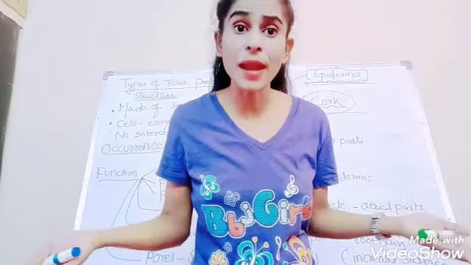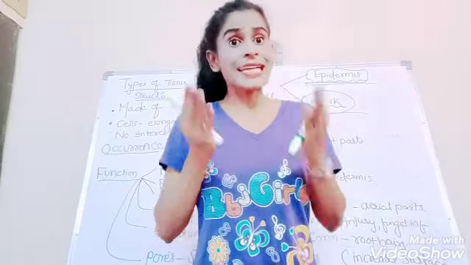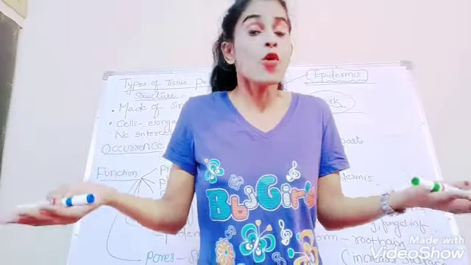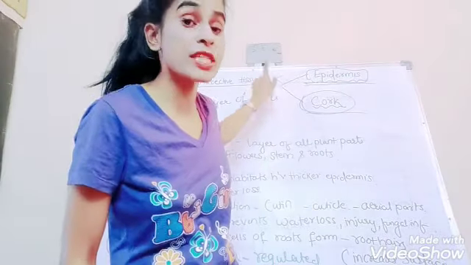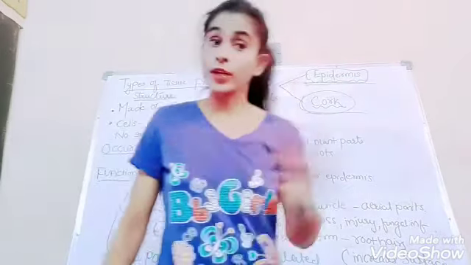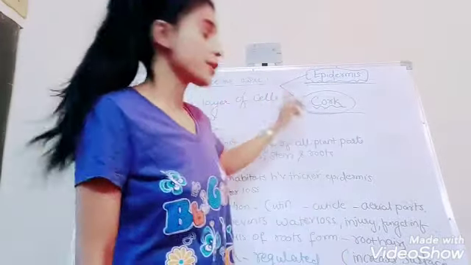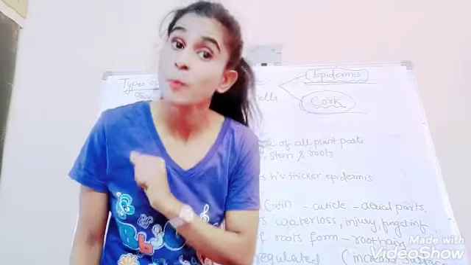But what about plants? Where will they go? They are stationary, they are standing, they cannot move. Then who will provide them protection? Definitely this protective tissue is going to provide them protection. How? We are going to discuss how this protective tissue provides protection to the plants.